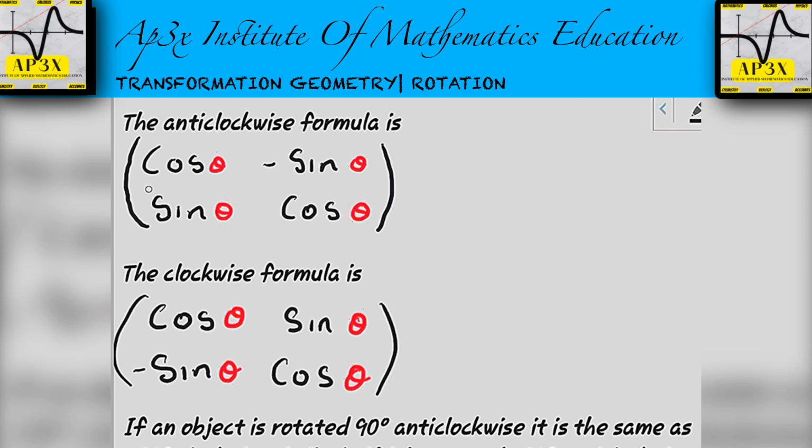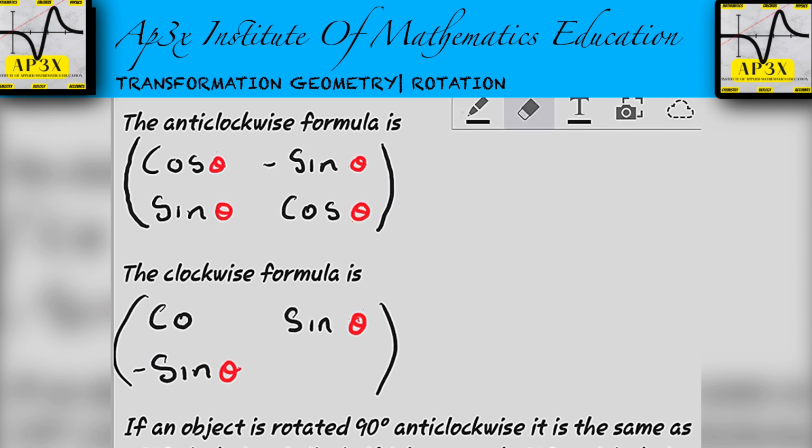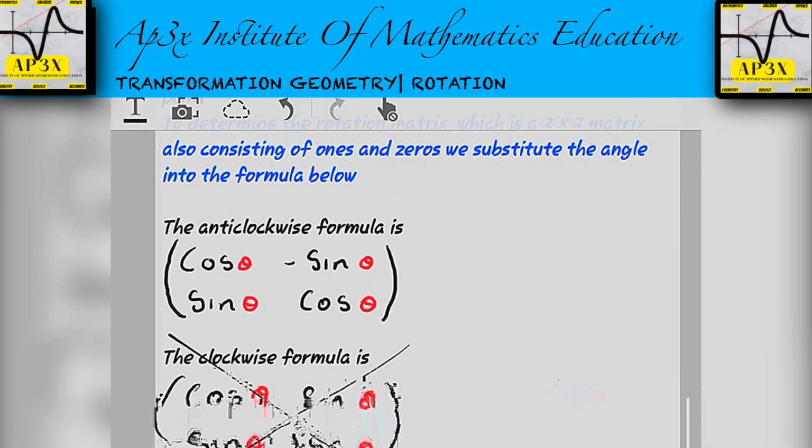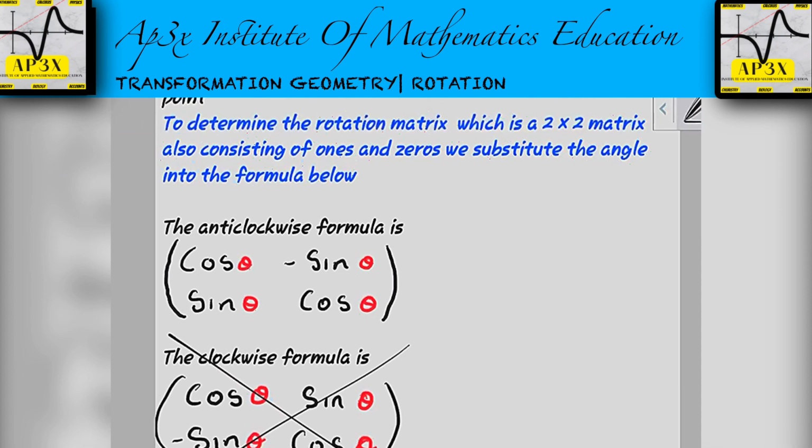Let us just say hypothetically that we're not going to focus too much on the clockwise formula. Let us just cross this out of our mind here, and we're going to focus only on the anti-clockwise rotation. Let's look at how we first derive the matrix for 90, 180, and 270.